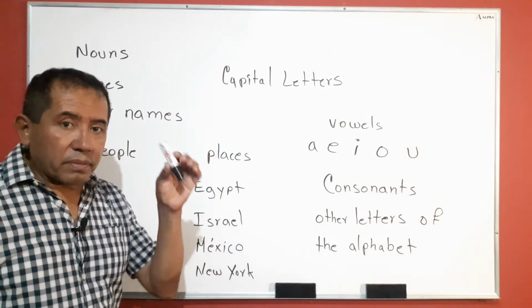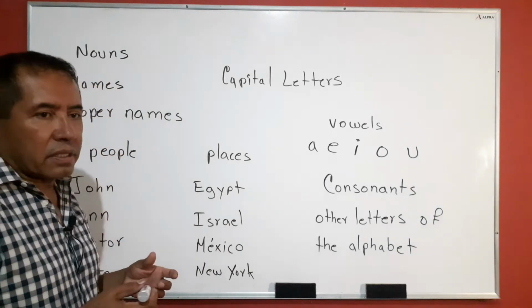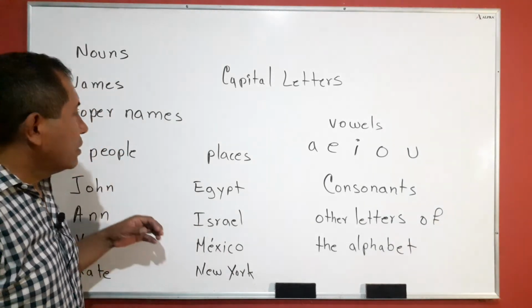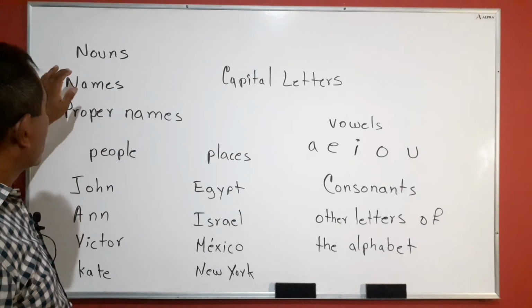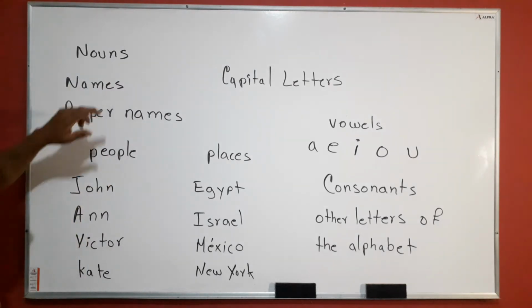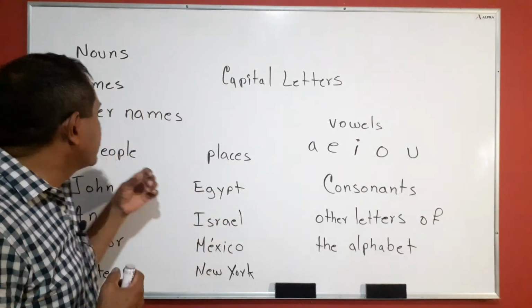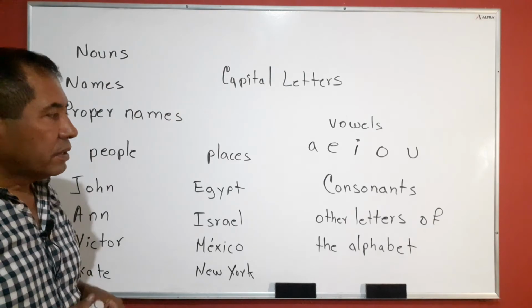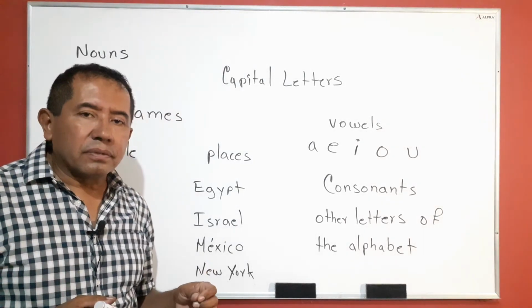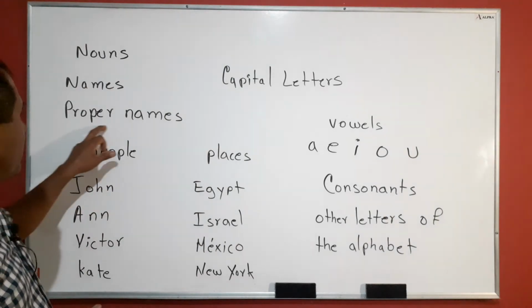This is a marker. Marker is a noun. Okay? It doesn't have any action. In names, my name is Epifanio. So Epifanio is a noun. It's a name.